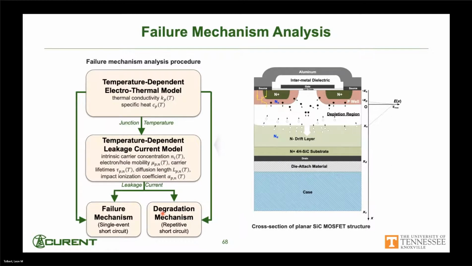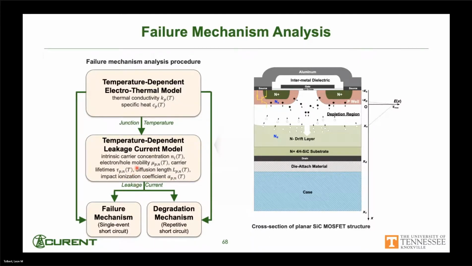I am not a device person. I am really an application person, but at least this is kind of talking about how we think that failure mechanism occurs. Basically, it's a temperature-dependent leakage current model. It's dependent on things like intrinsic carrier concentration, electron mobility, lifetime, diffusion length.